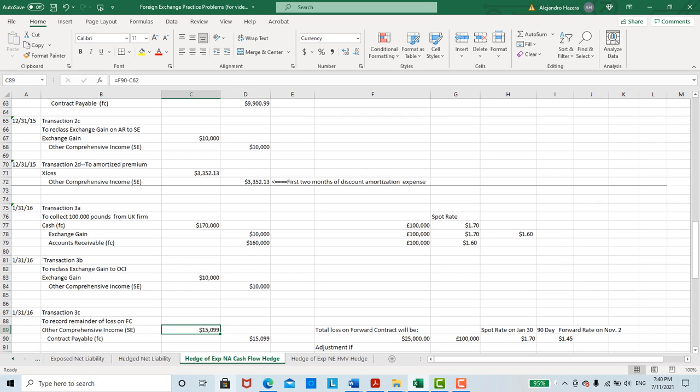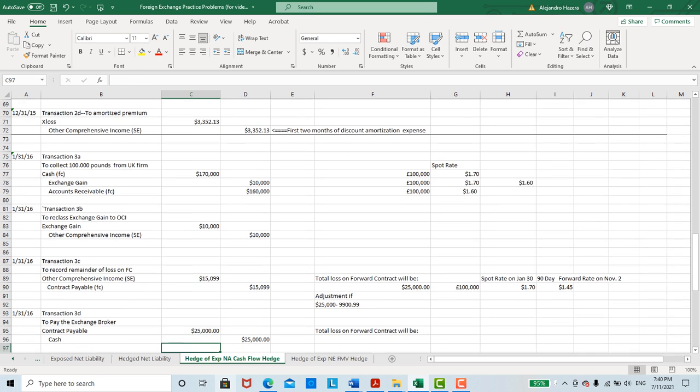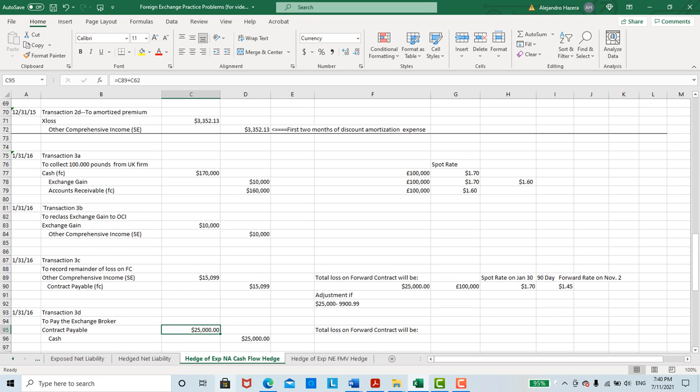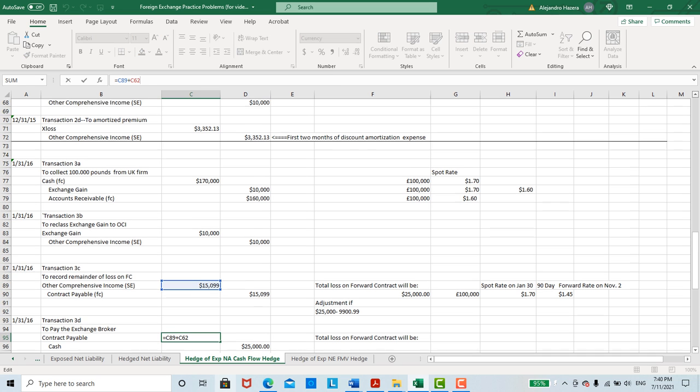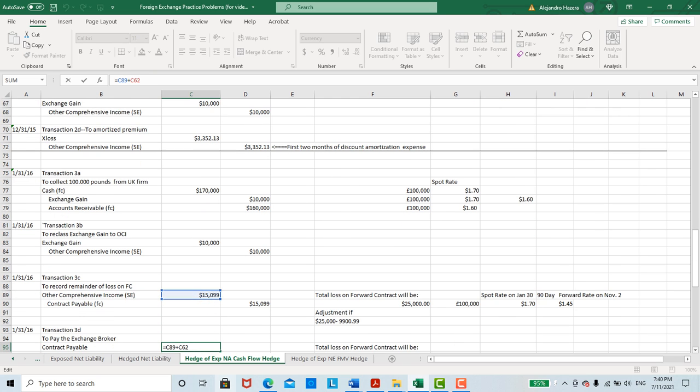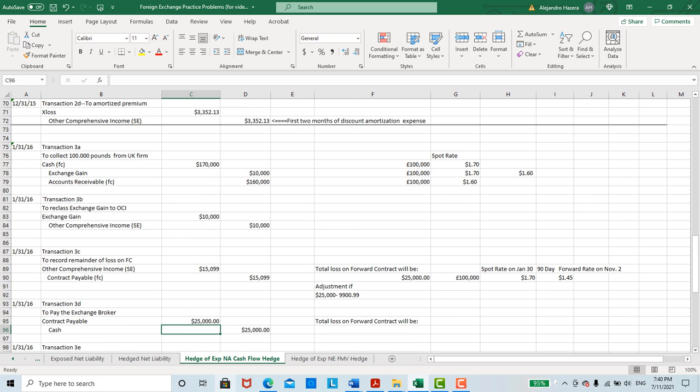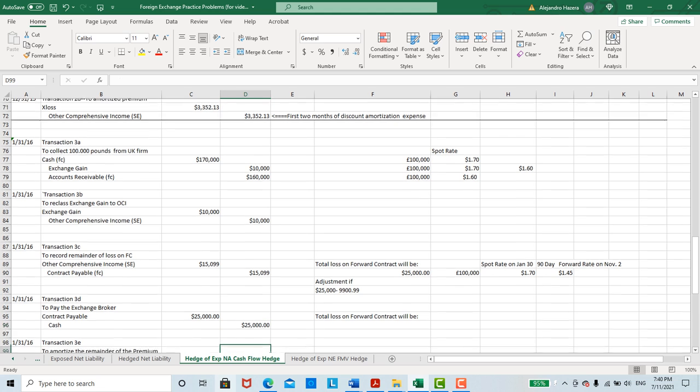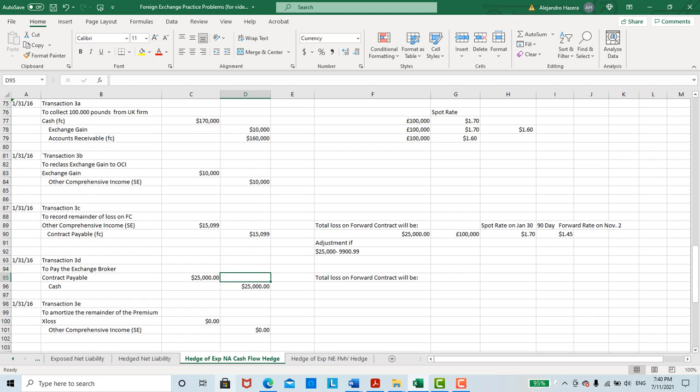You see, we added those two numbers there to get this contract payable, which is really the value of a forward contract, 25,000 contract payable.